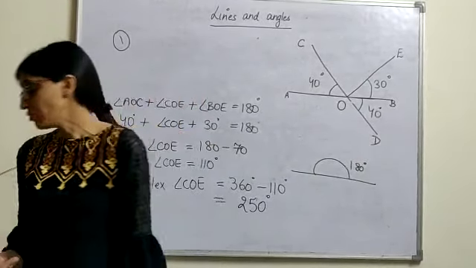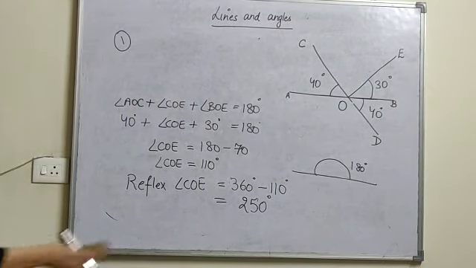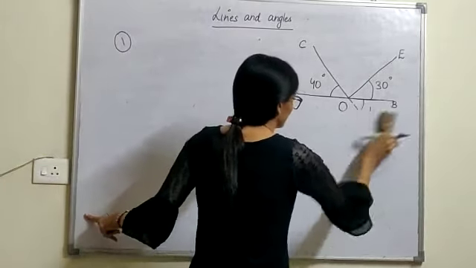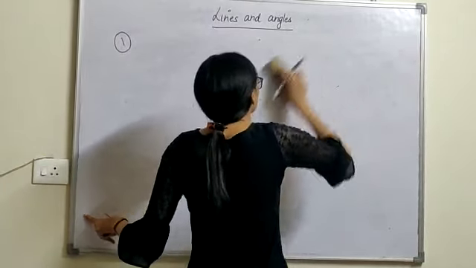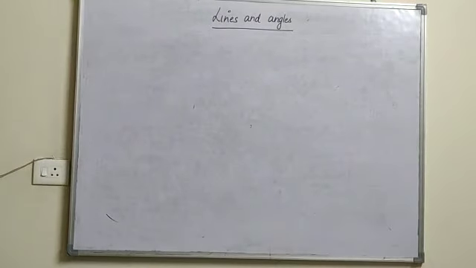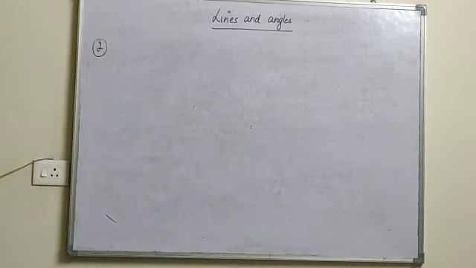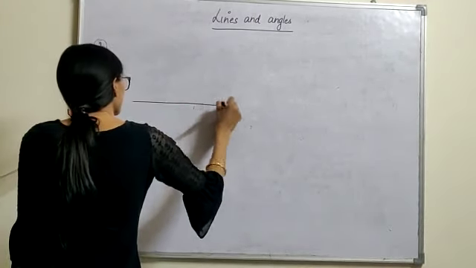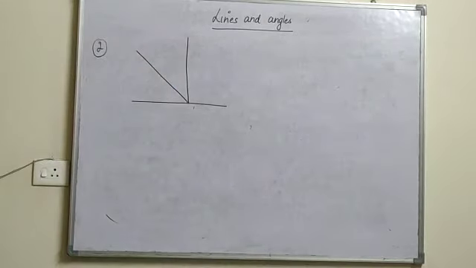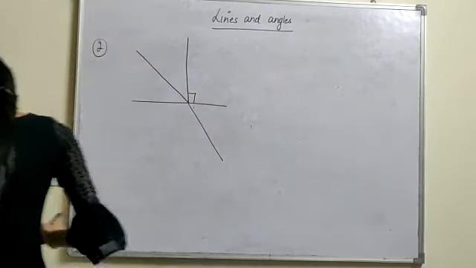Okay, let's come to another question. Question number 2. A figure is given to you. This is 90 degrees.